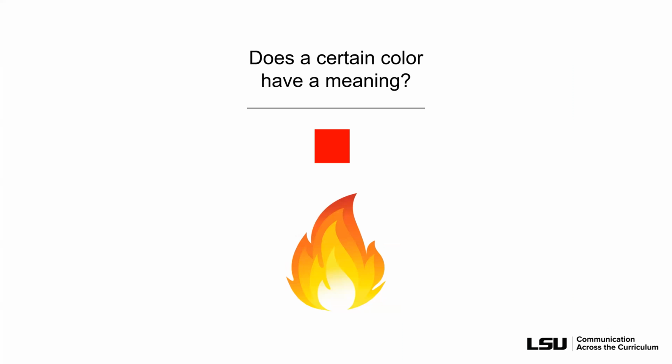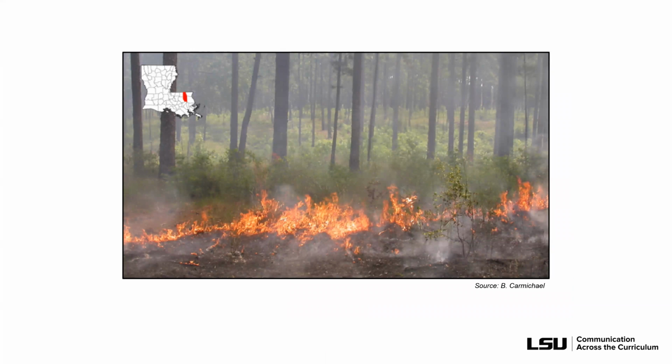Last, does your field or major have specific colors that mean something important? This can dissuade you from using specific colors and empower you to use others to signal that red means danger and blue means ocean, for example. This frame is also a good example of the techniques of repetition and mapping because if you say that red means fire, then every time you use red, you're signaling to the audience that you're talking about fire.